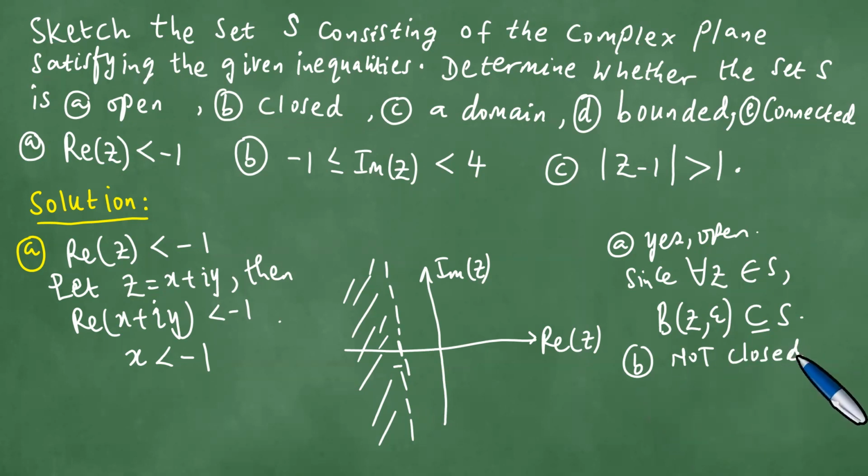Okay, so we continue. C. Is it a domain? Well, a domain must be an open set, and it must also be connected.